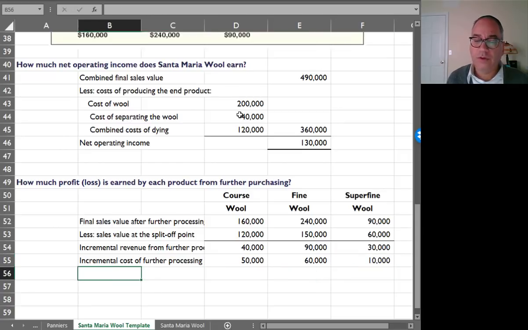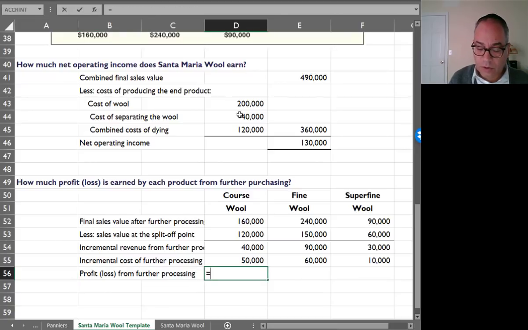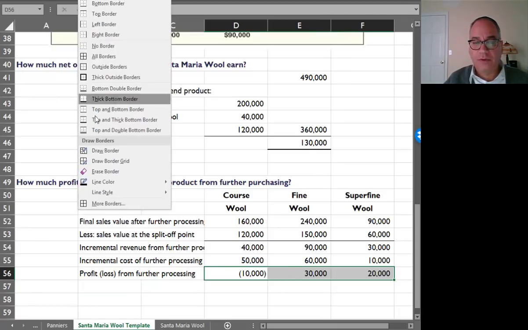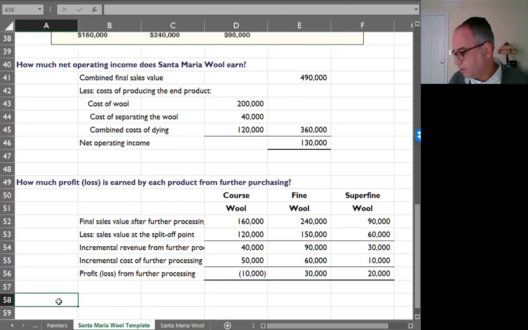So if you subtract the incremental cost from the incremental revenue, you get profit or loss from further processing. For coarse wool, it's $10,000 less profit. For fine wool, it's $30,000. And for super fine wool, it's $20,000.